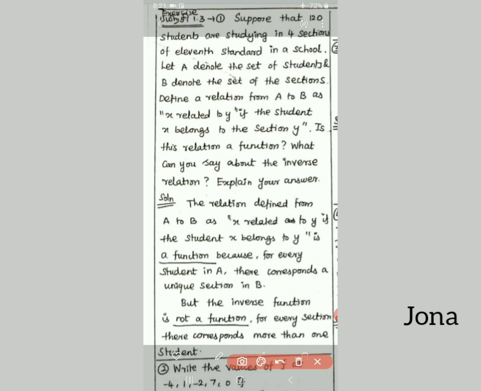First thing we want to see, let the set A denote the set of students. Set B denote the set of sections. Okay, so we have two sets there. In set A we have students and in set B we have the sections.